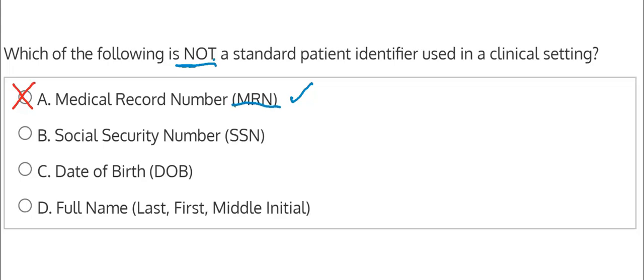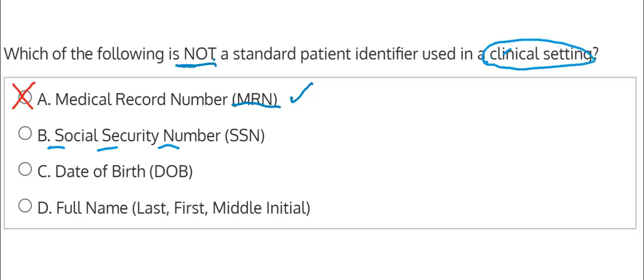Option B states social security number. Now, the social security number is also a unique code, just like the medical record number. And yes, that is a number that is unique to that patient specifically. And therefore, maybe in the billing department, maybe in certain situations, they will use a SSN, social security number, to identify a patient. However, the question's asking about the clinical setting.